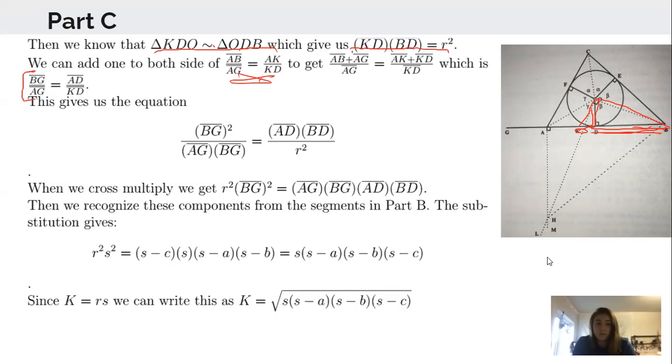Okay, so BG, which we've called S basically, is proportional to AG. So this is the same as saying AD is proportional to KD. KD is just right here, this little short one right there.